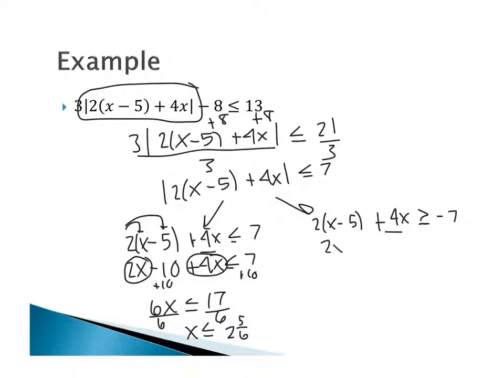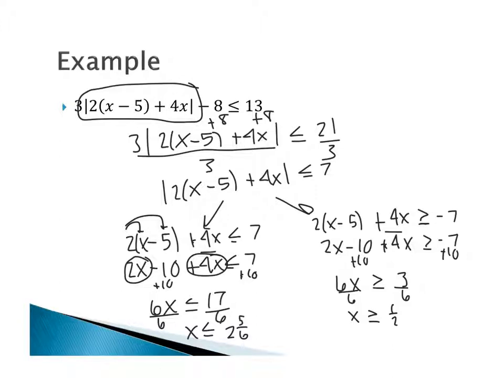I'm going to get 2x minus 10 plus 4x is greater than or equal to negative 7. Add 10, and I get 6x is greater than or equal to positive 3. Dividing by 6, x is greater than or equal to 1/2.